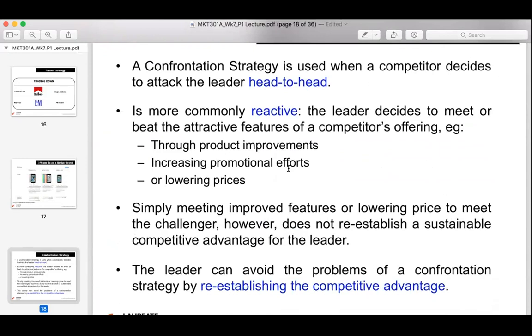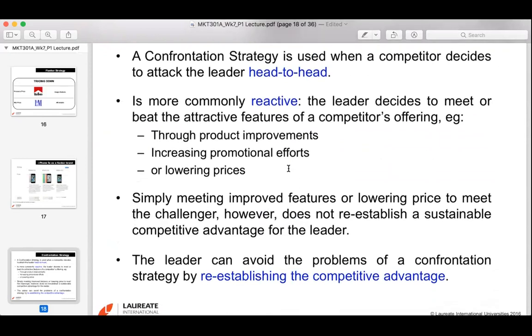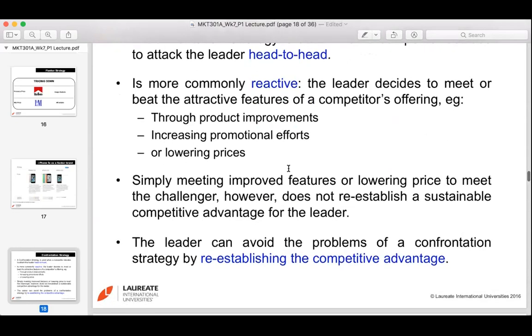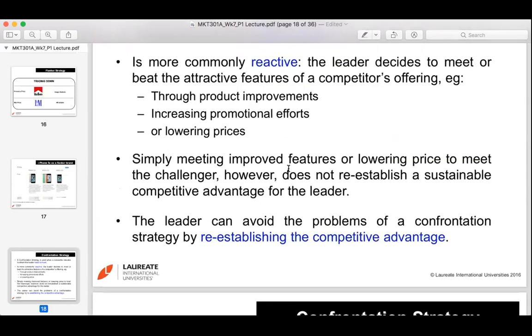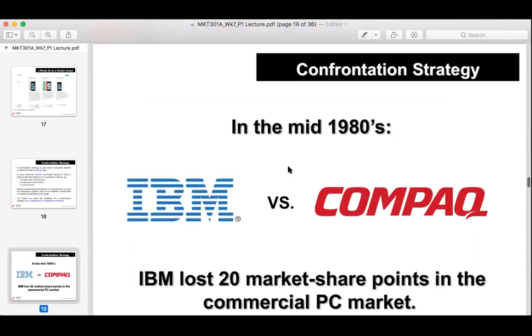So using creativity techniques, for instance, they list down the attributes of the competitor's products, and after that, they offer improvement of the attributes. Or they may lower the price, as we discussed before. So that's head-to-head basically, simply meeting the improved features. Keep improving and head-to-head with the market leader.